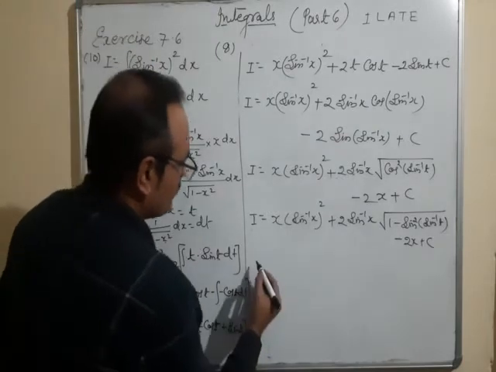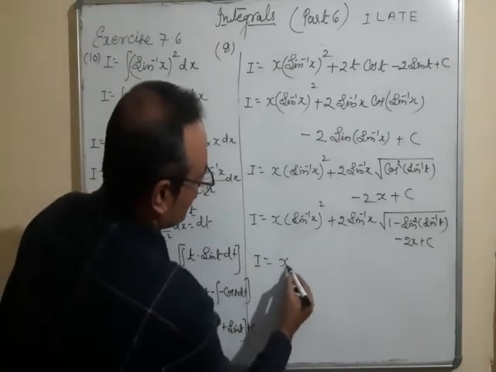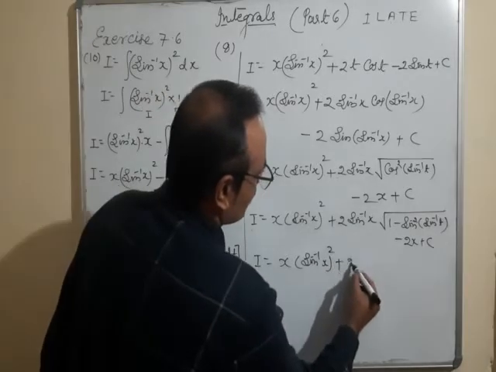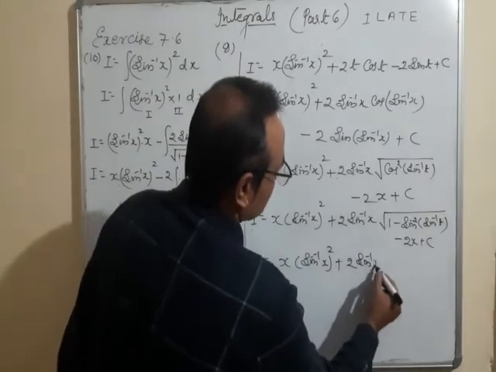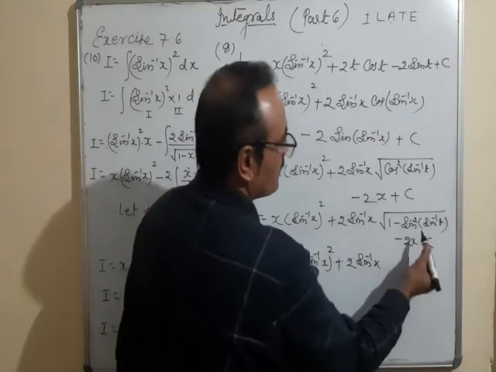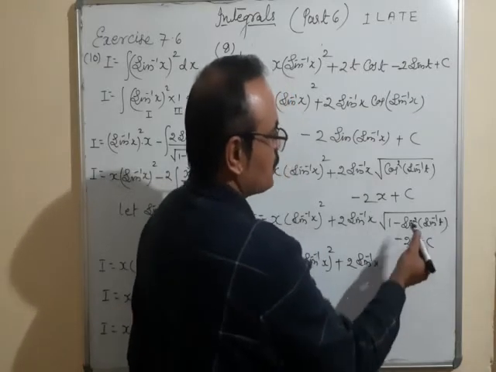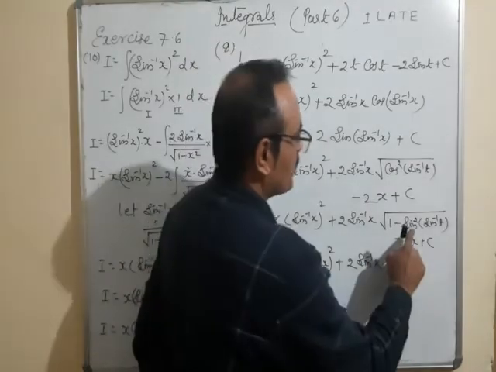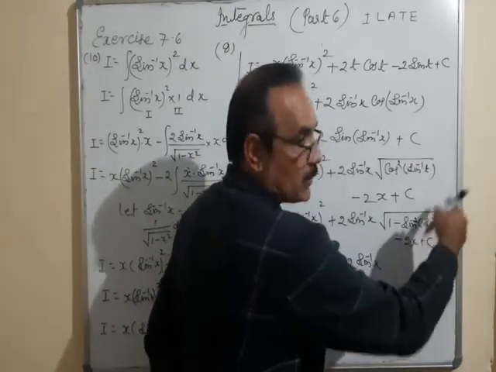Actually sin square theta or (sin theta) whole square, same thing. So this can be written (sin of sin inverse t) whole square.